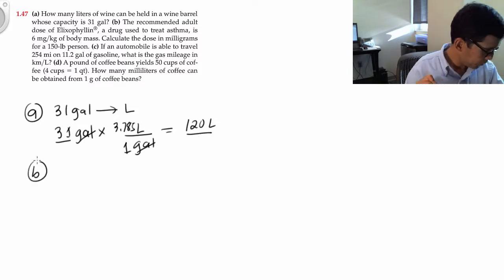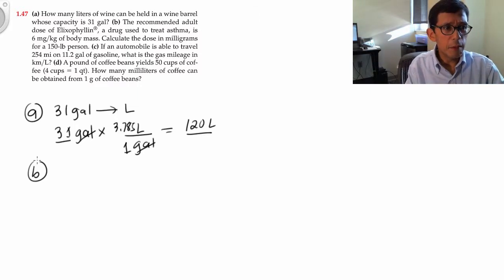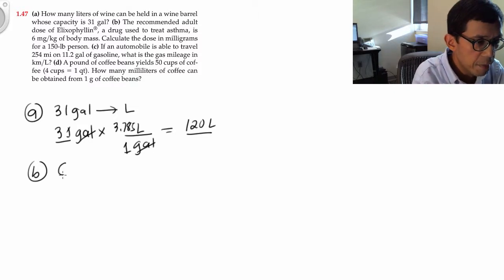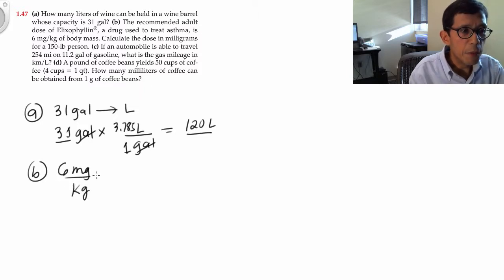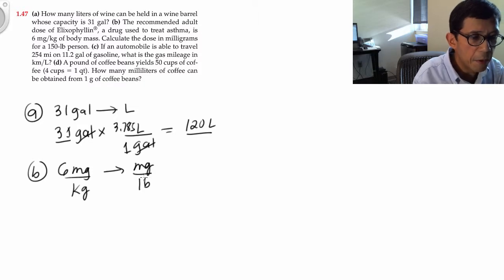Part B. The recommended adult dose of that drug is 6 milligrams per kilogram. And we want the dose in milligrams per pound.